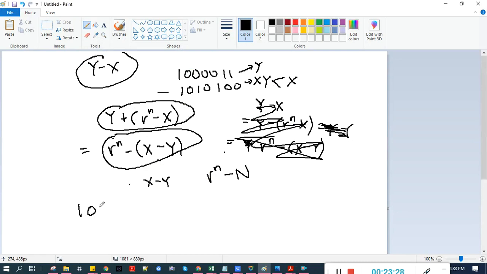So y is 1 0 0 0 0 1 1 plus the 2's complement of x. The 2's complement of 1 0 1 0 1 0 0: invert every bit, then add 1.